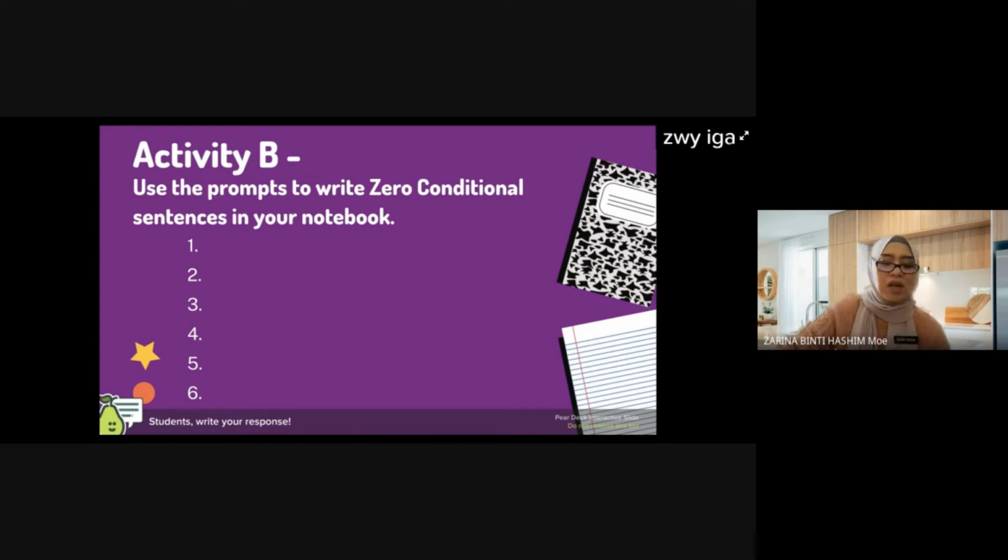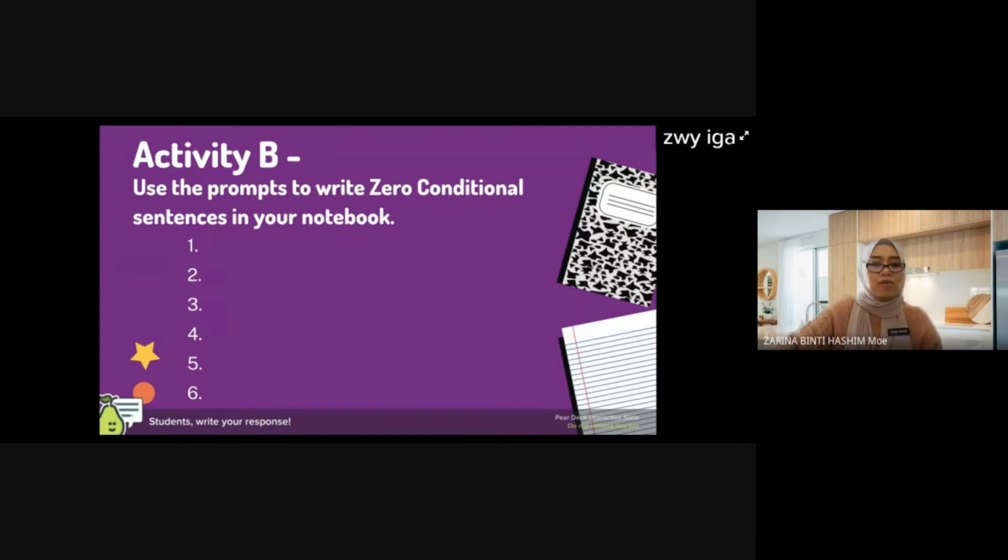Remember, you can use either if or when. Let's say you want to start with if. If you hit the ball past the other player, you get a point. Remember, zero conditional, there is no will. You shouldn't be using the word will. It must be simple present tense. You don't have to write will here.